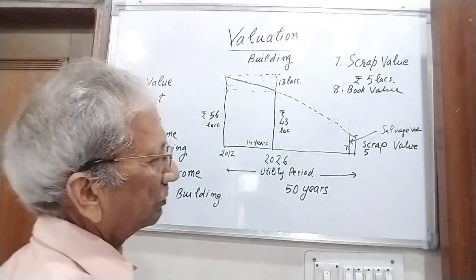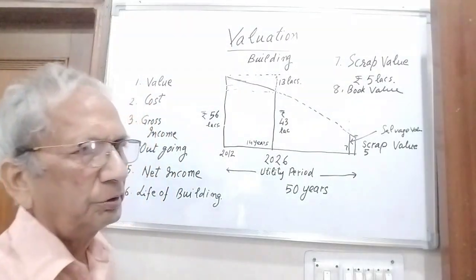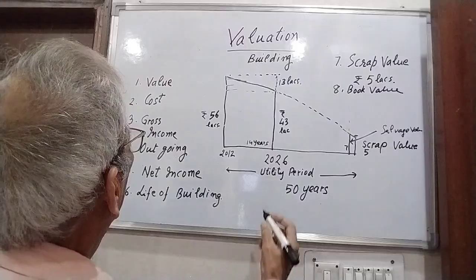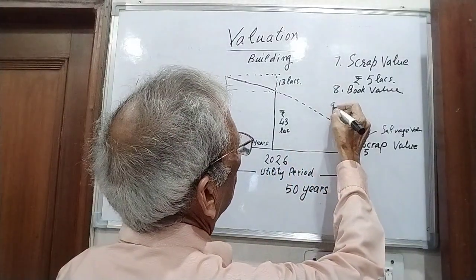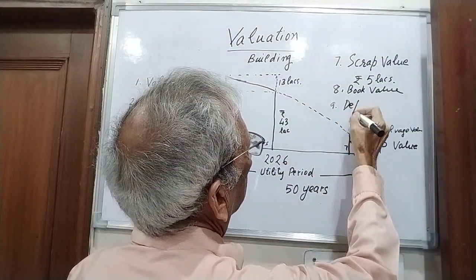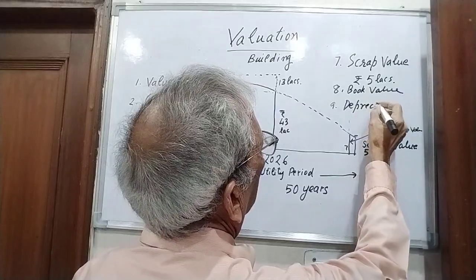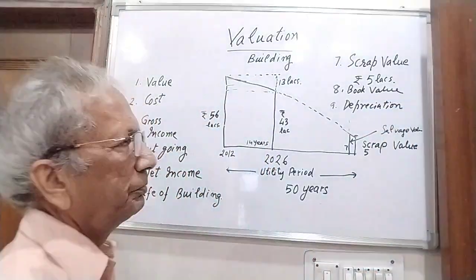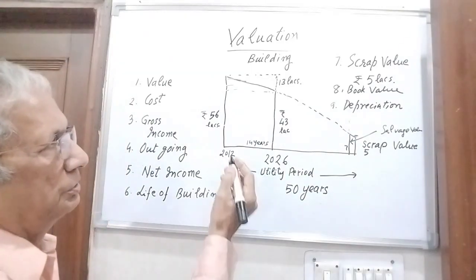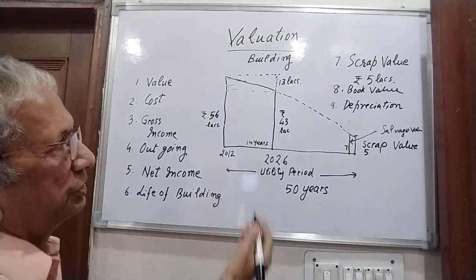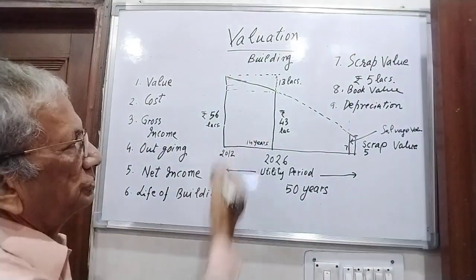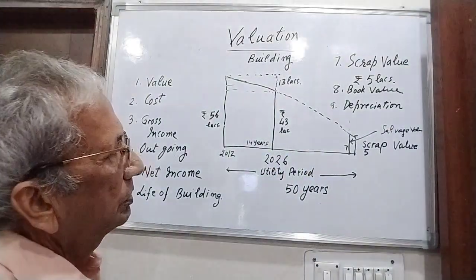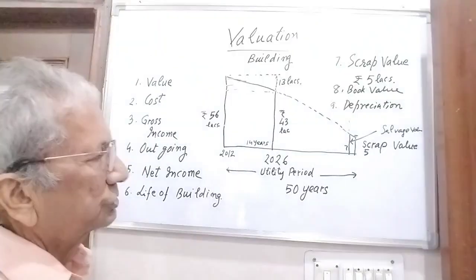There are different formulas to calculate depreciation. Depreciation is decrease in value. How much decrease in value? In the initial stage, depreciation is very less, but in the later stage, depreciation is too much.